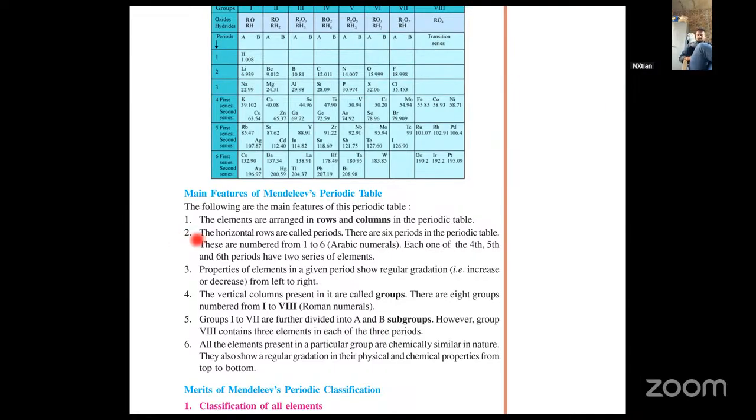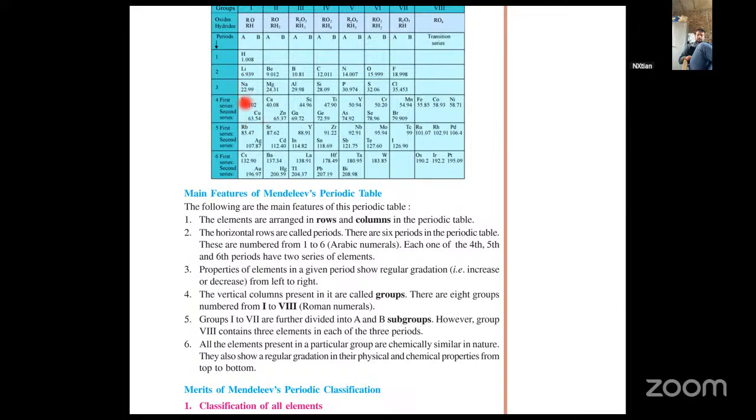Now, second, the horizontal rows are called periods, and there are 6 periods: 1, 2, 3, 4, 5, 6. They are in the form of Arabic numerals. Each of the fourth, fifth, and sixth has 2 series. You can check that the fourth period has 2 elements in one box.